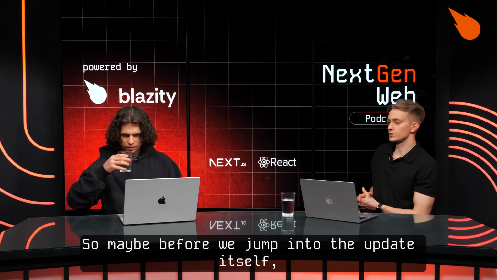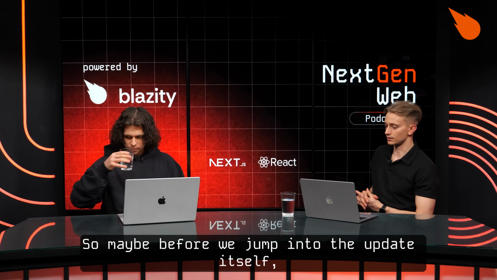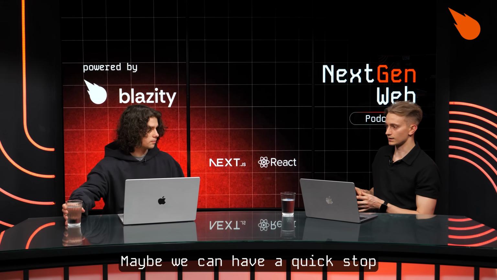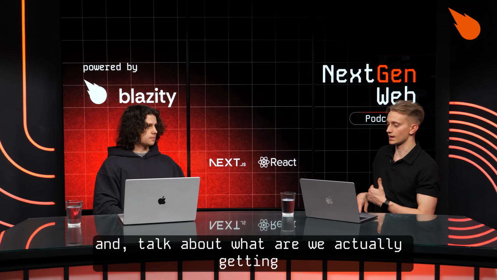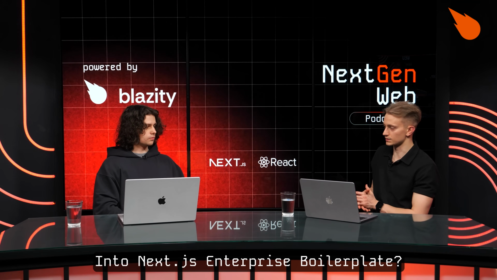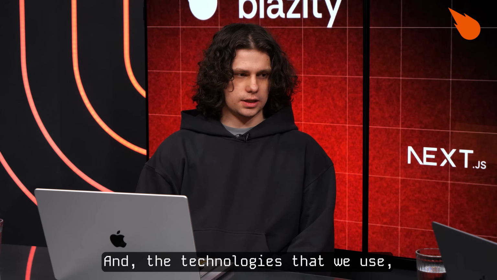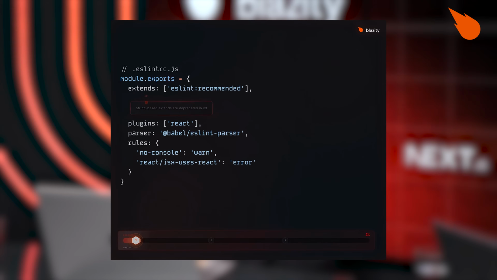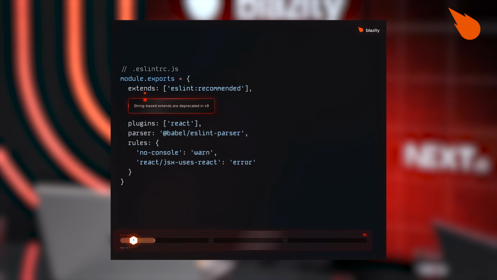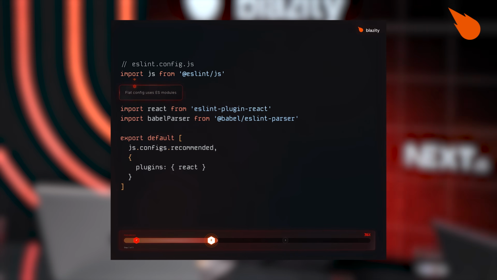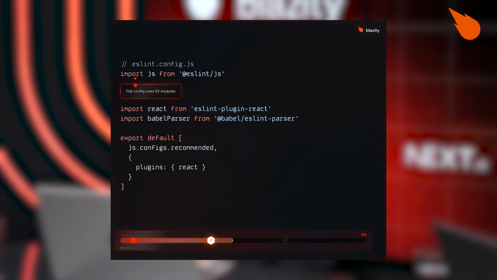So maybe before we jump into the update itself, we can have a quick stop and talk about what we are actually getting in the Next.js Enterprise Boilerplate. That's a great question. The exact technologies we use are, for instance, Tailwind CSS with the latest version 4, the ESLint linter with also the latest version of a configuration called flat config format.